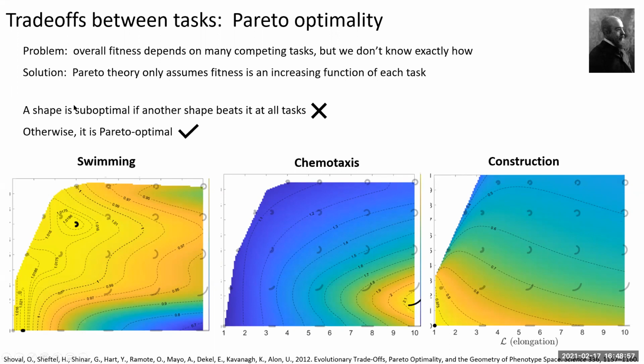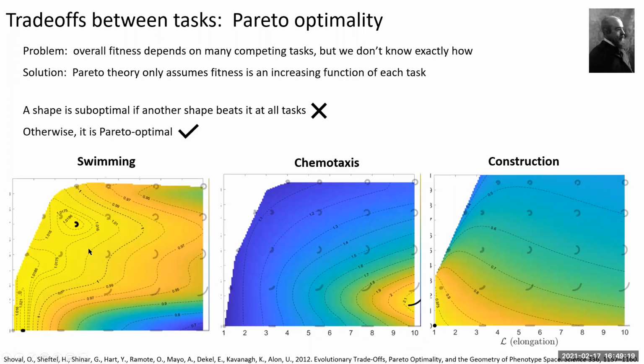So we can compare one shape to another here, or one shape to all the other shapes, and we can just say a shape is suboptimal if, looking at all the tasks that you think are important, that shape is beaten by something else in the morphospace at all the tasks. It can't be very good. The other shape's got to be better.